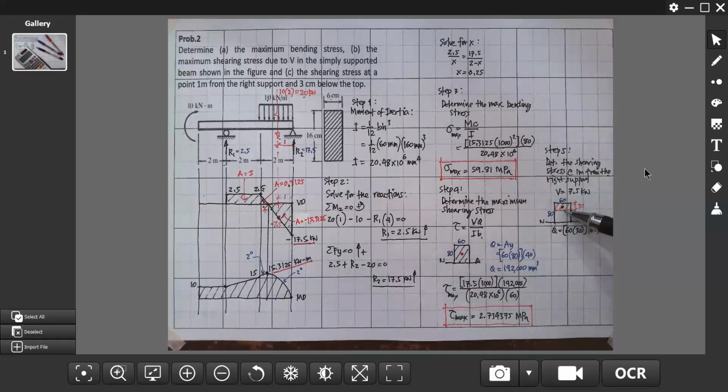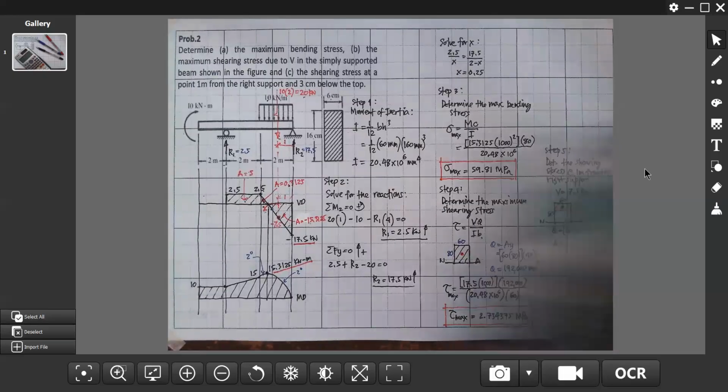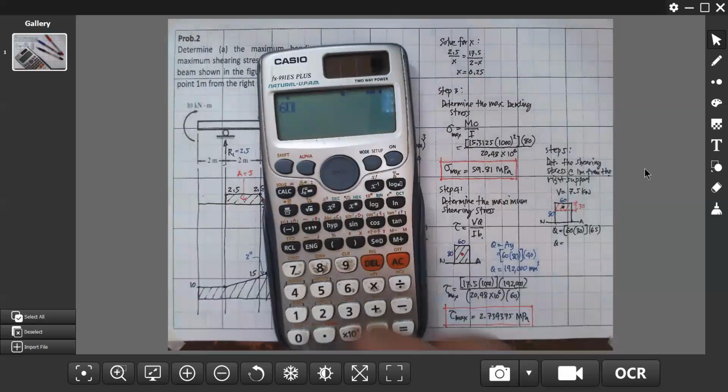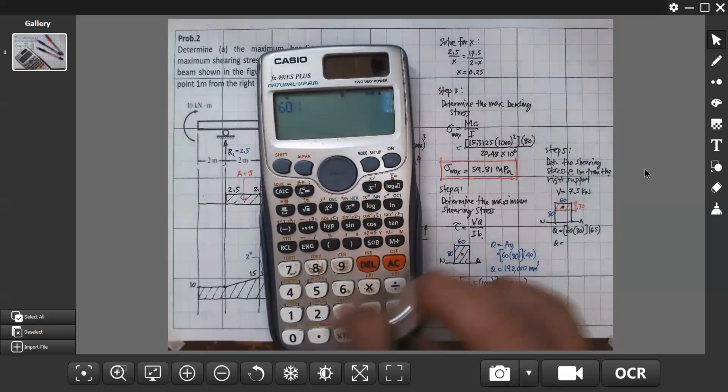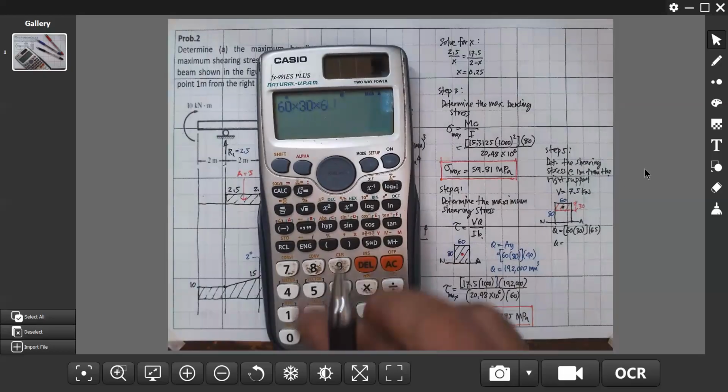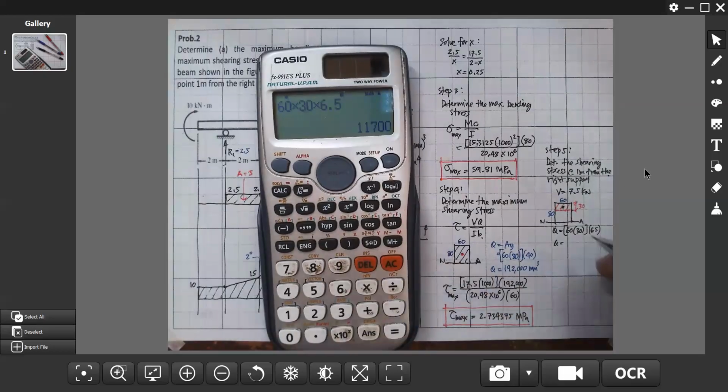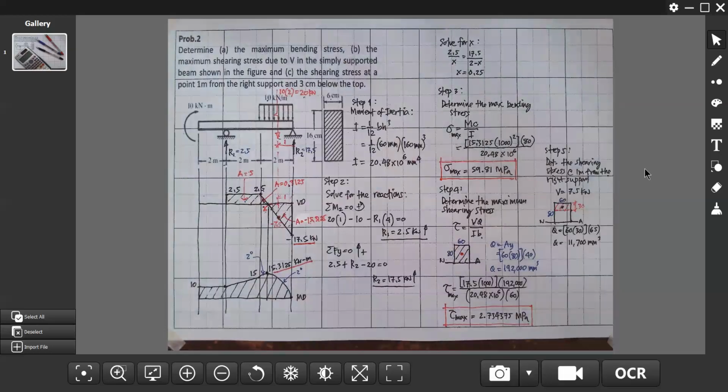So our Q is 60 times 30 times 65, that's 117,000 millimeters cubed.